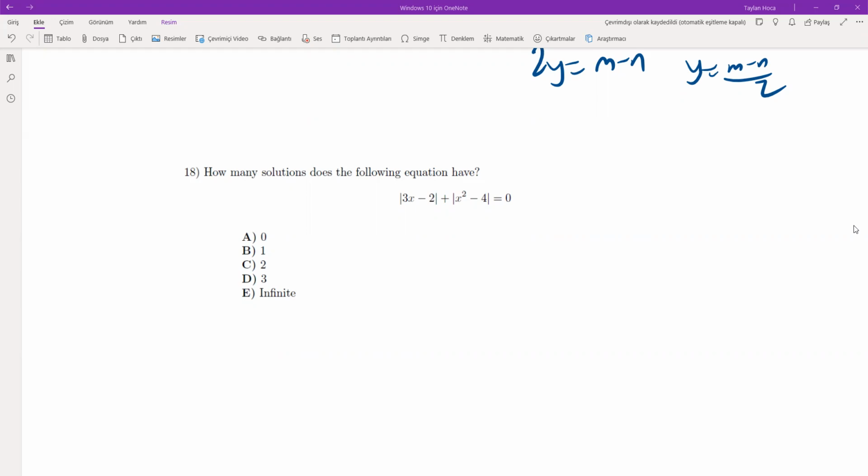Now, if you say 2 or 3 or 1 or infinite, just give me examples of your solutions as a number. Just give me a number. Can you find a number?